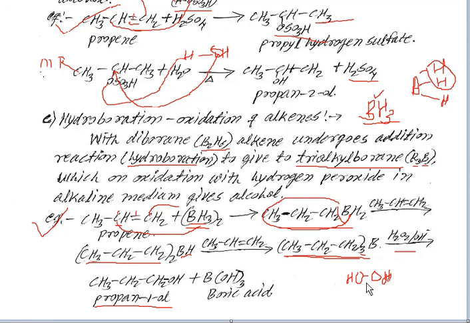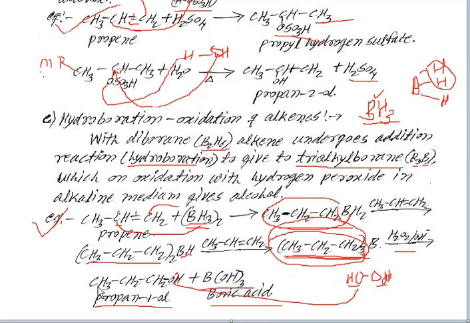the OH group is replaced in place of that group, and we get B(OH) thrice. The OH of hydrogen peroxide is replaced by that group, and we get separate boric acid, and one hydroxyl group of that hydrogen peroxide is combined with propane, and we get propan-1-ol.